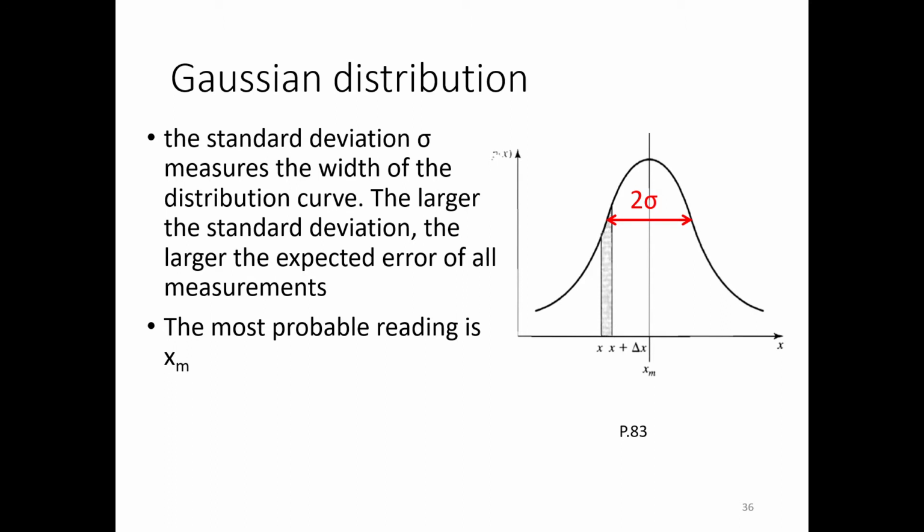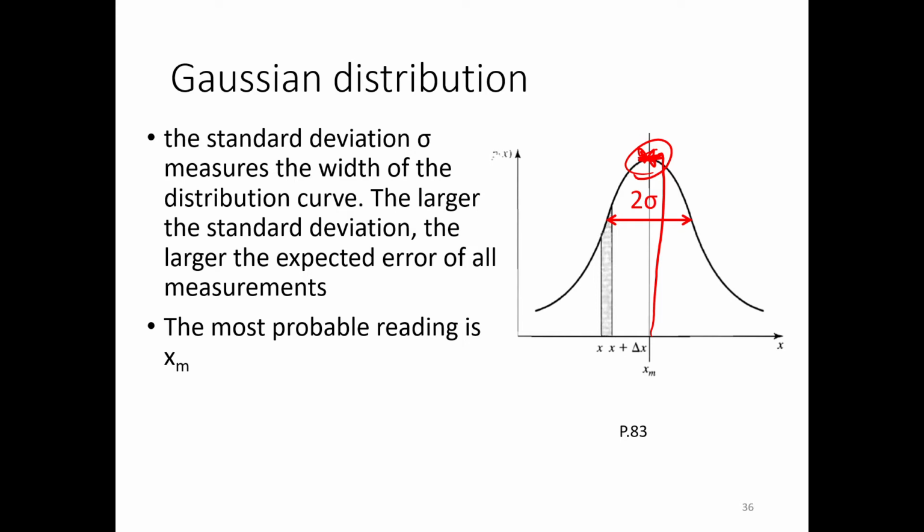And again, it is not a bad idea to mention that the standard deviation, sigma, measures the width of the distribution curve. So the larger the standard deviation, the larger the uncertainty and error will be, because we want to make this value, the probability of x of m happening, more and more and more, right?